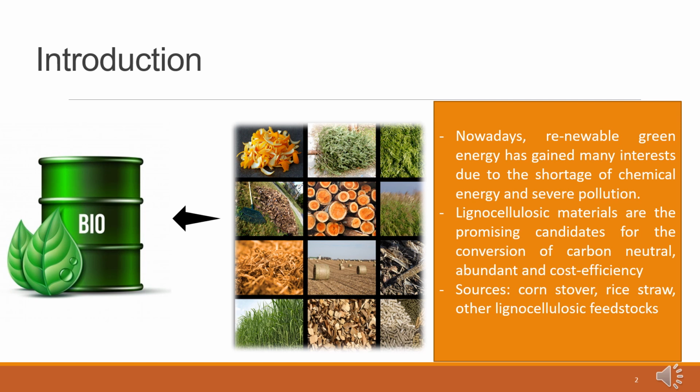Lignocellulose is considered a potential feedstock for the production of biofuels and other bioproducts including chemicals, biofiber, biopulp, and enzymes. Huge amounts come from agricultural residues such as corn stover, rice straw, and wheat straw. They are very cheap, abundant, and eco-friendly, so they can become a global priority.